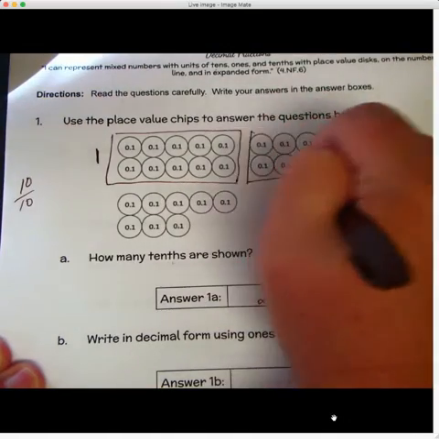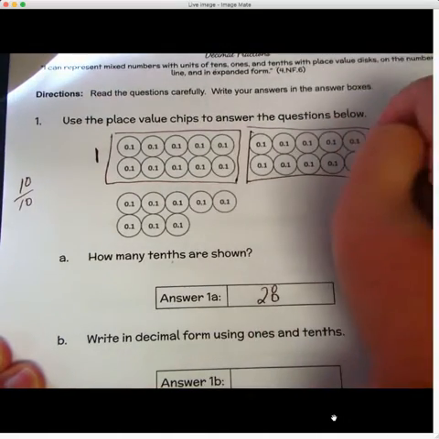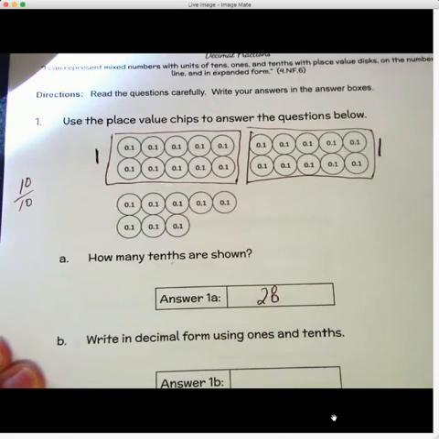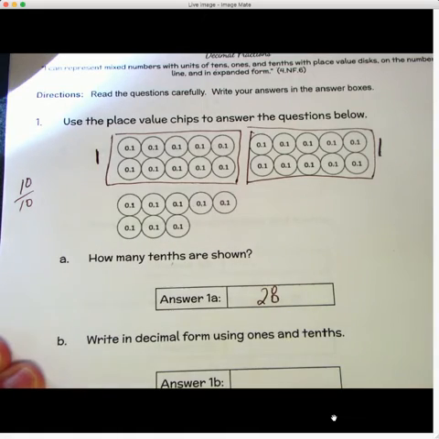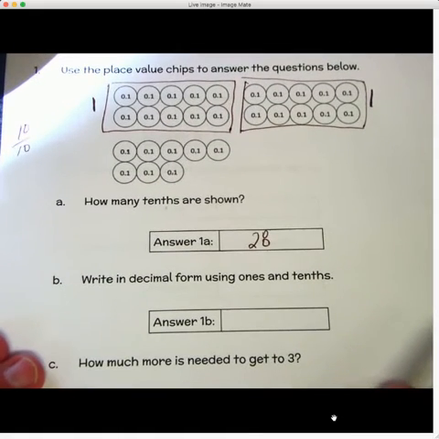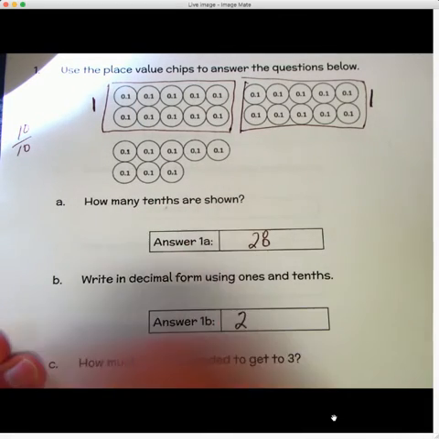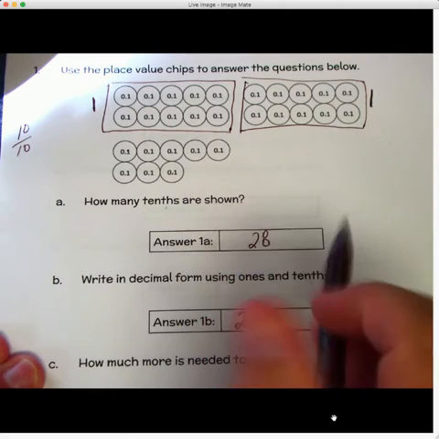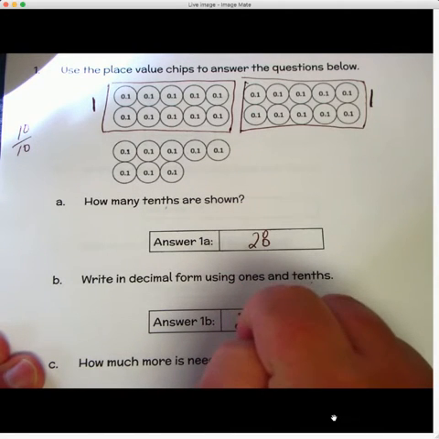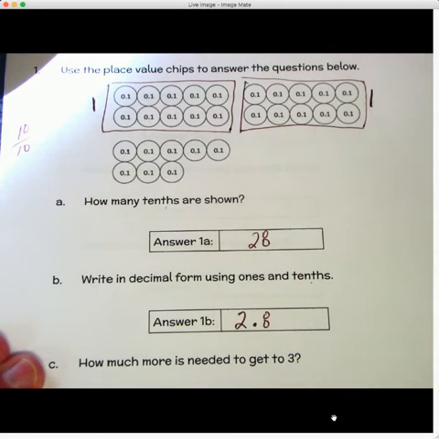Here's another group of 10 tenths. So there's another whole. So we have two wholes. And then we have 1, 2, 3, 4, 5, 6, 7, 8 tenths more. So in decimal form, using ones, we have two ones, two wholes, and 8 tenths. So 2 and 8 tenths.